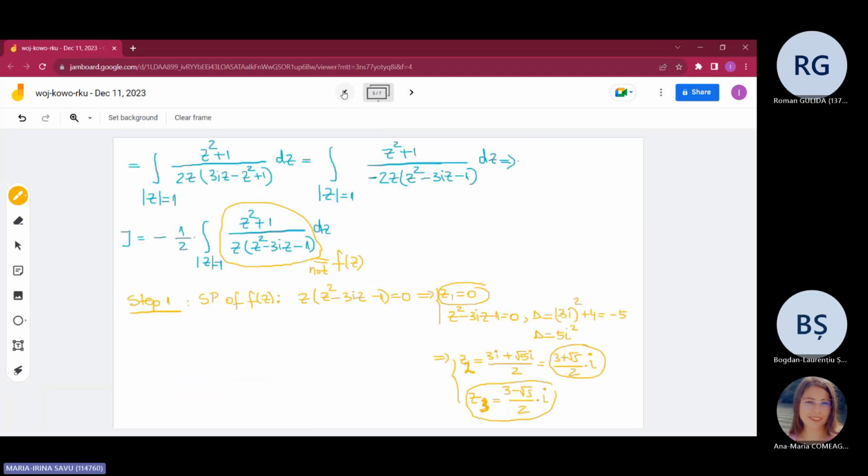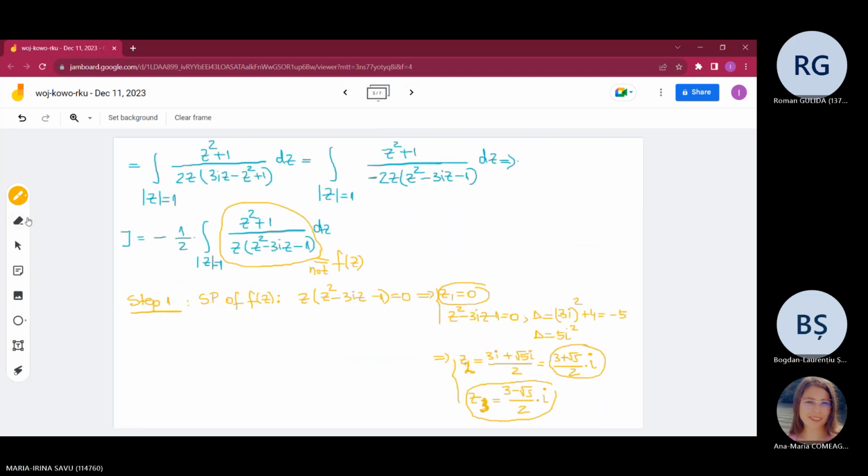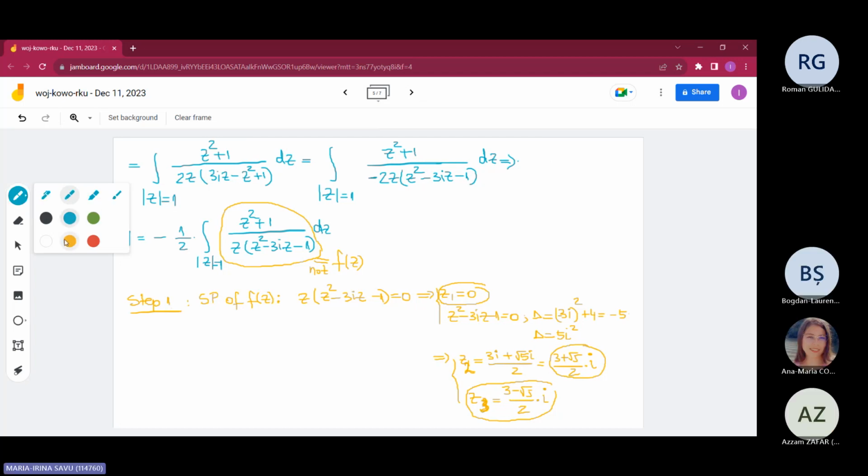Let's take a look at this expression. So we computed actually the value of this integral. So let's check again the computation.